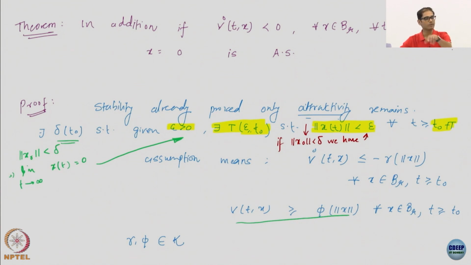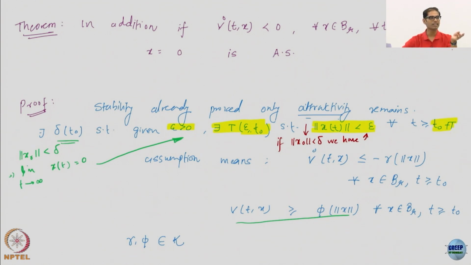Whatever epsilon you give me, say epsilon equal to 1, I can give you a time capital T such that my norm of the vector is less than 1 for all time beyond that. If you give me epsilon is half, I can give you another capital T such that the norm of the vector remains below half for all time beyond t0 plus capital T. This is exactly convergence.